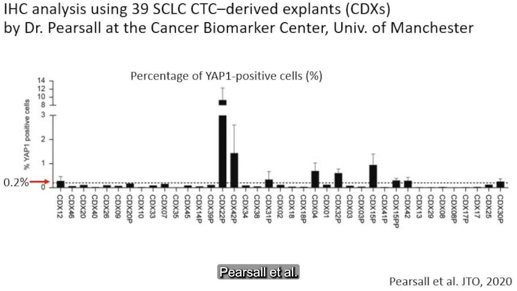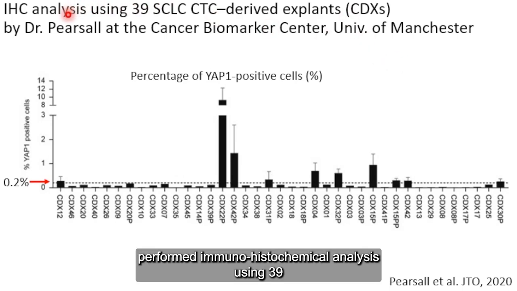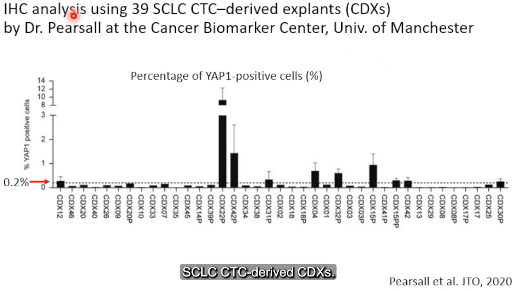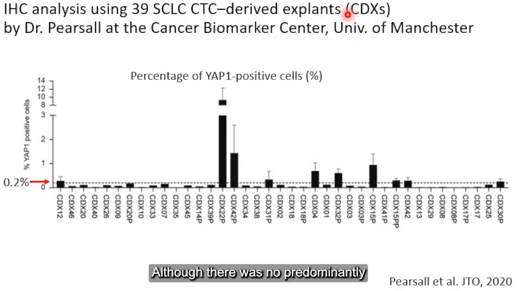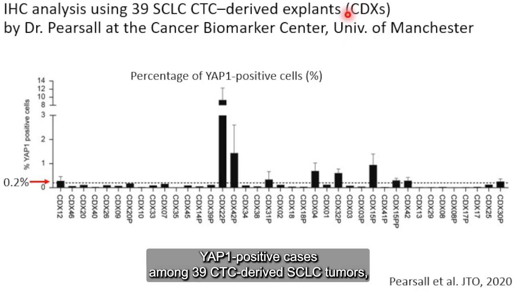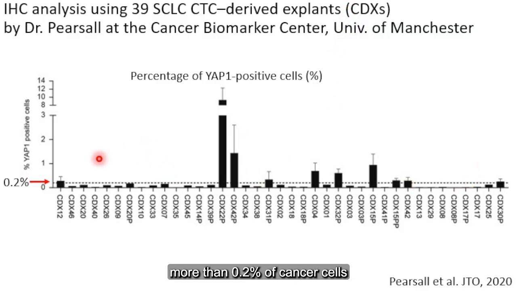Pareja et al. performed immunohistochemical analysis using 39 SCLC CTC-derived CDX. Although there was no predominantly YAP1 positive case among 39 CTC-derived SCLC tumors, more than 0.2% of cancer cells were positive for YAP1 in 10 of 39, and more than 1% were positive for YAP1 in 2 of them.